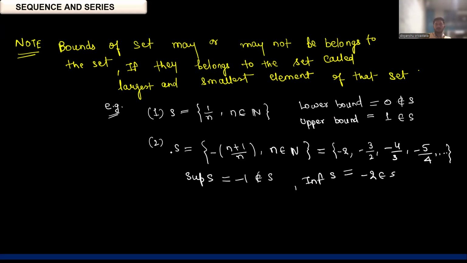So from the first, if you have some set where the lower bound is 0, which does not belong to S, then 0 is the infimum. And if the upper bound is 1, it belongs to set S. So these observations show you that if they belong to that set, you may say it is called the largest and smallest element of that set.